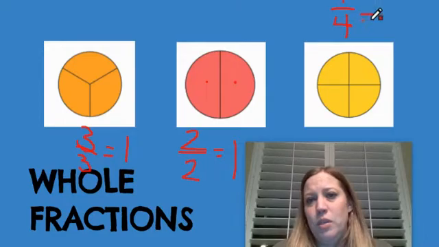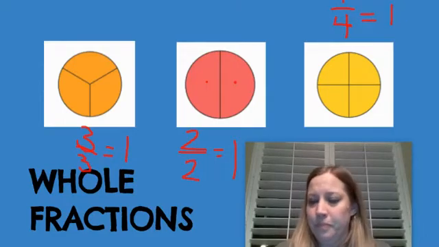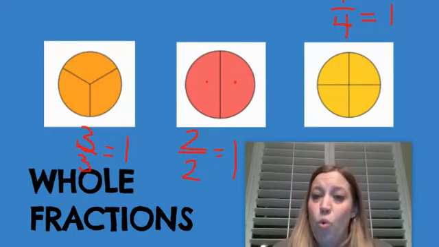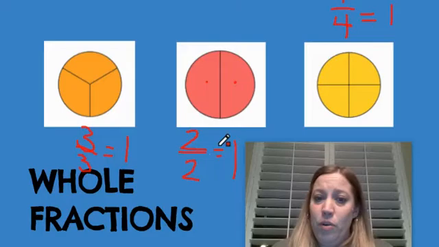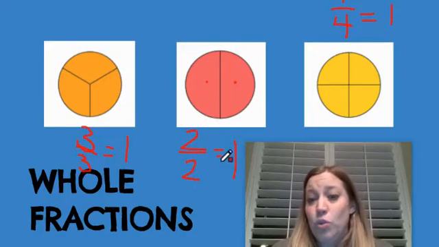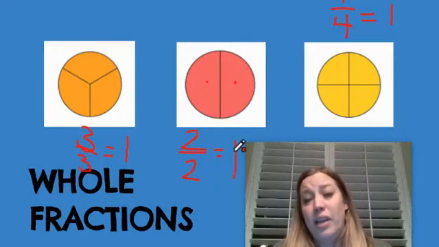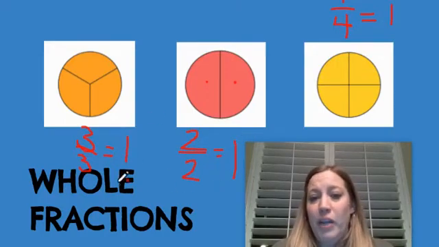And that equals 1. Okay, so in order for it to equal the whole, it's going to have the same numerator and the same denominator. 2 divided by 2 equals 1. That'll help more later with whole fractions, but for now we need to know 1. So your numerator and your denominator are the same.